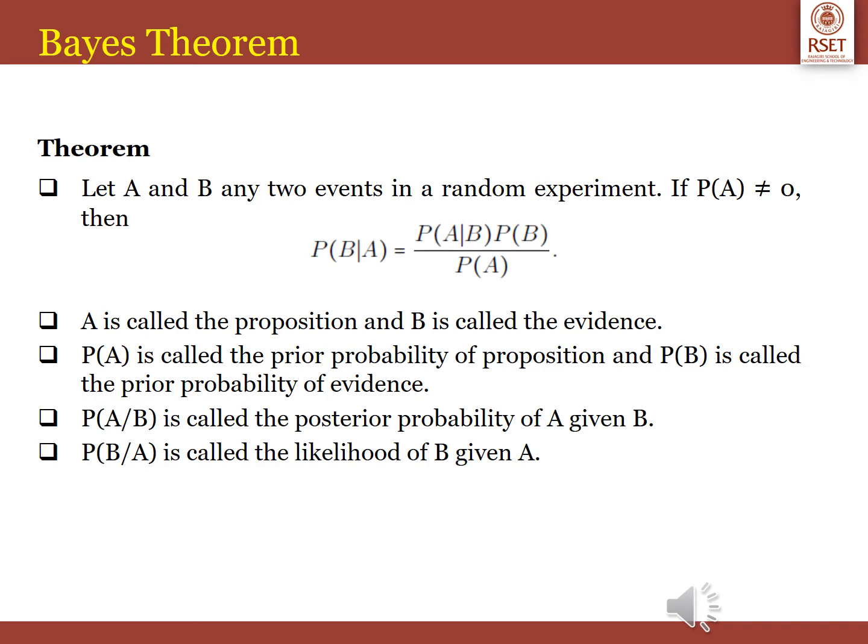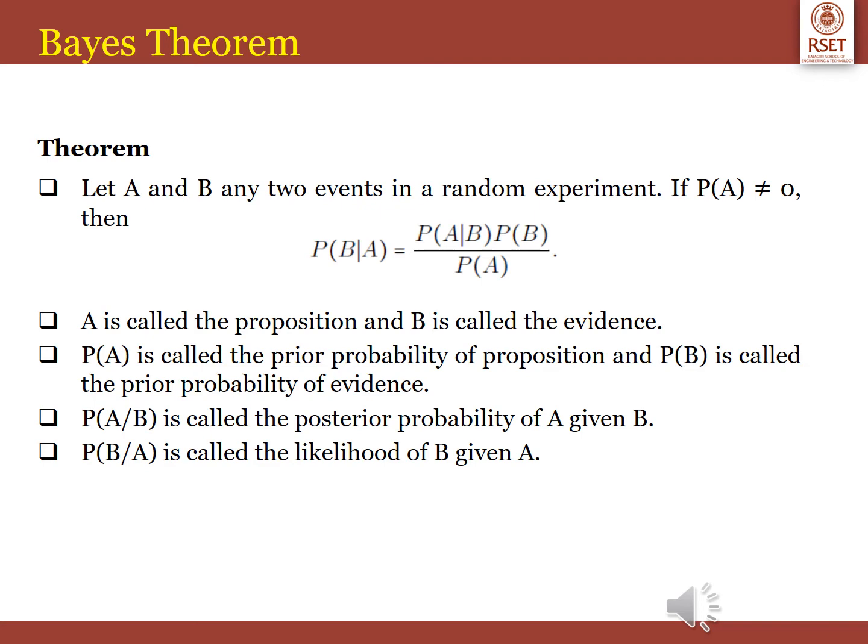Now coming to Bayes theorem, let A and B be any two events in a random experiment. And if P of A not equal to 0, then probability of B given A is equal to probability of A given B into probability of B divided by probability of A. A is called the proposition and B is called the evidence.